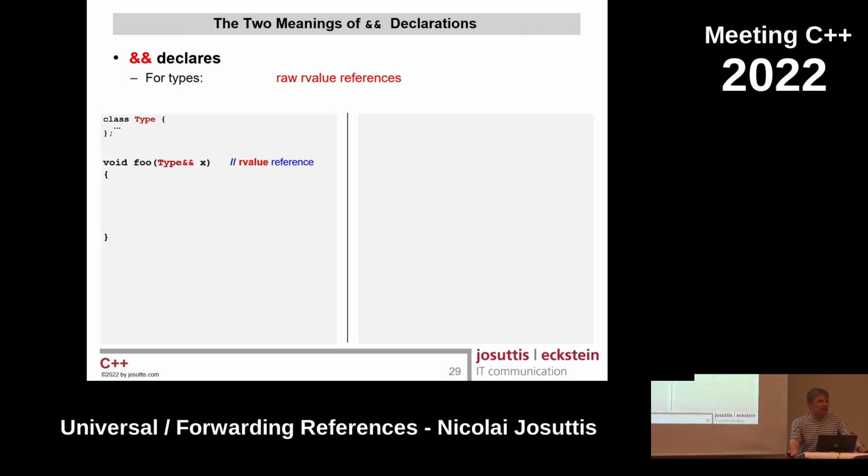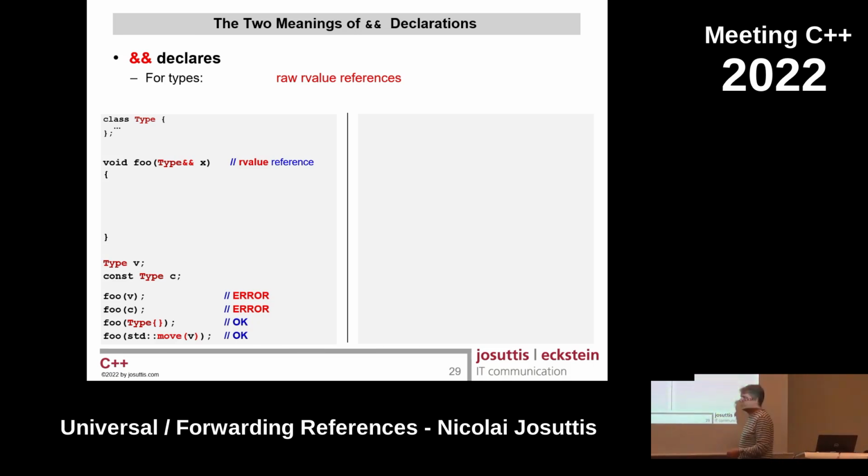If it's a type, it's an R value reference. And then the rules apply that say you can only pass R values. It only binds to R values. So temporary objects or objects marked with move. L values, you cannot pass L values.